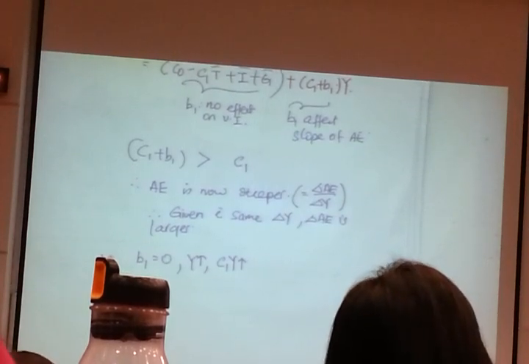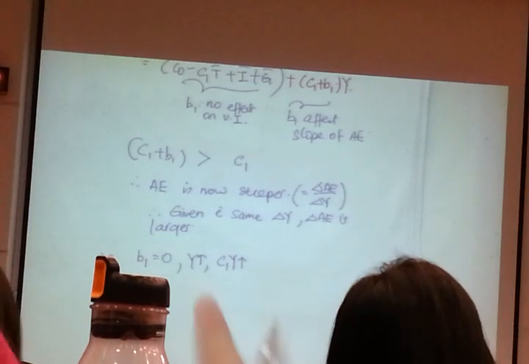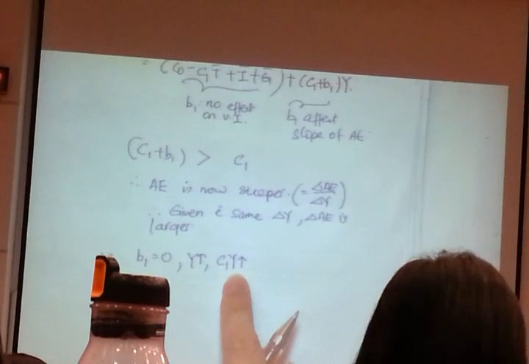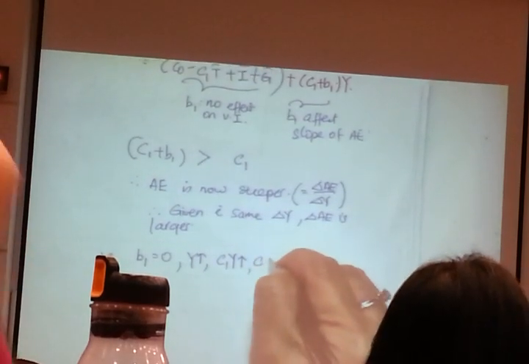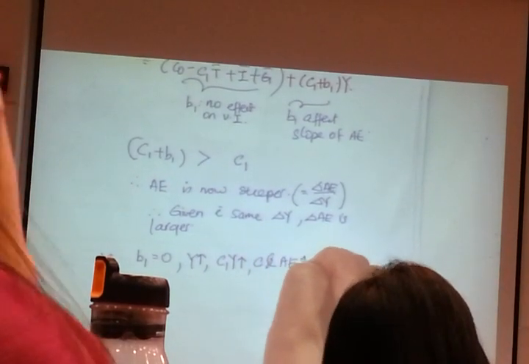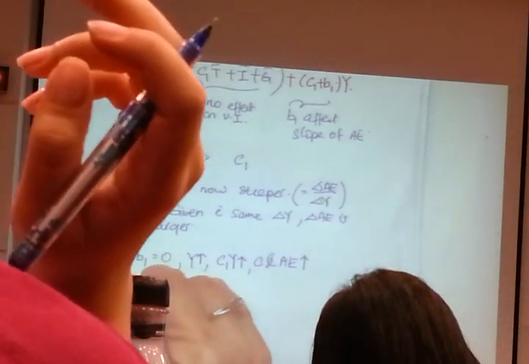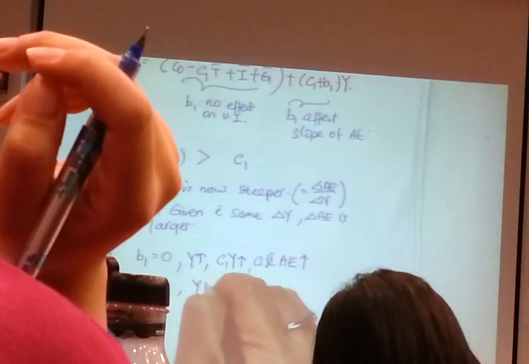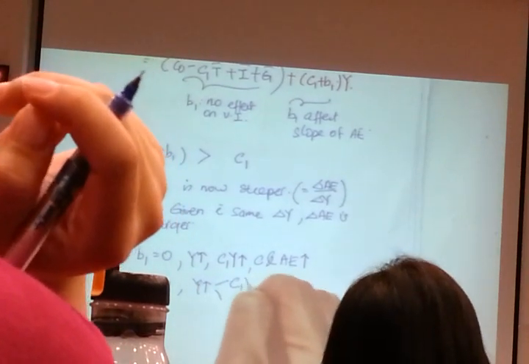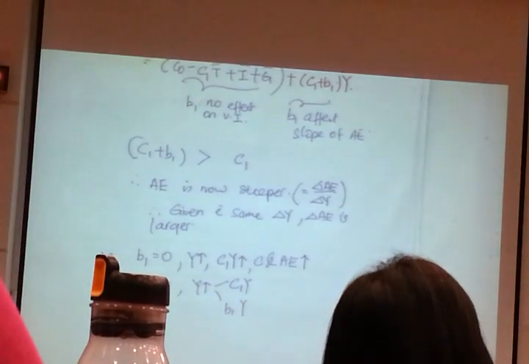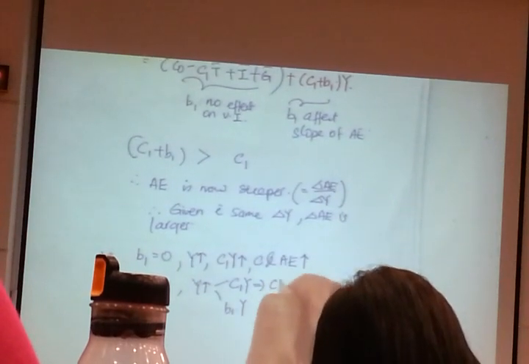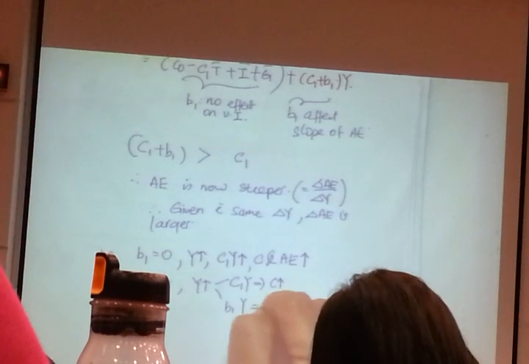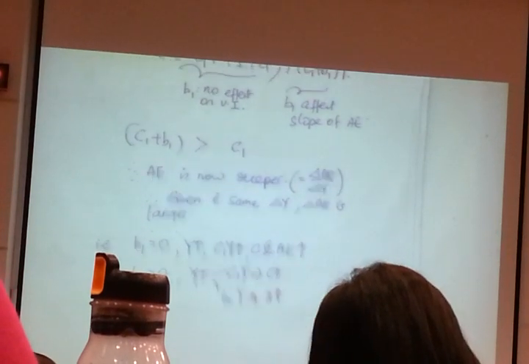So initially, if B1 is 0, income increases, households will spend. This is household behavior. That's why consumption and AE increase. But now if B1 is positive, income increases, but you have two components. Previously, consumption goes up, but now, this is the critical aspect, you also have investment going up.